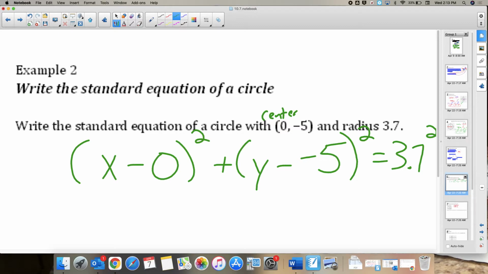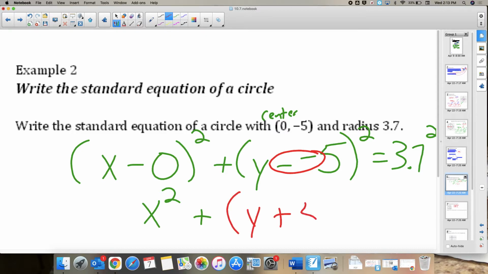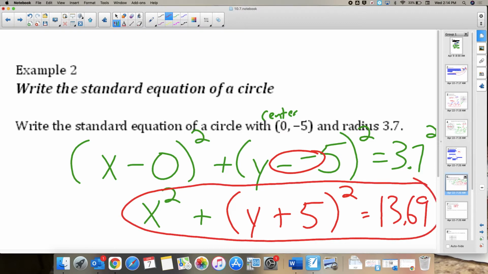So we have x squared plus, all we can do with the y minus negative 5, y minus a negative becomes plus 5. We are not going to expand that. You're not going to FOIL it out because it will just make this problem uglier and make it look more complicated than it needs to be. Equals, and then we do our 3.7 squared, 13.69. There is our answer. That's all we are doing here. Come up with that equation.